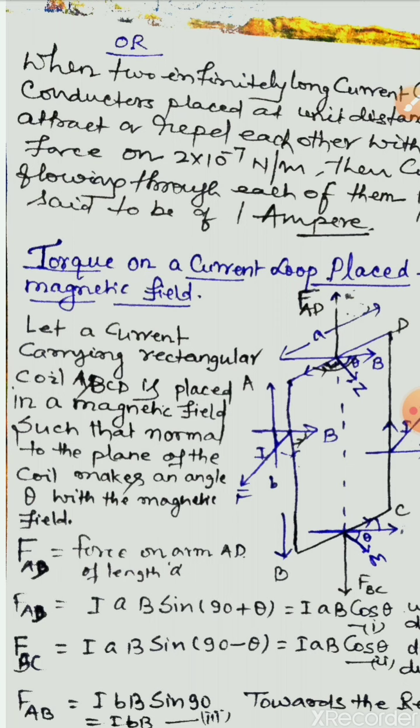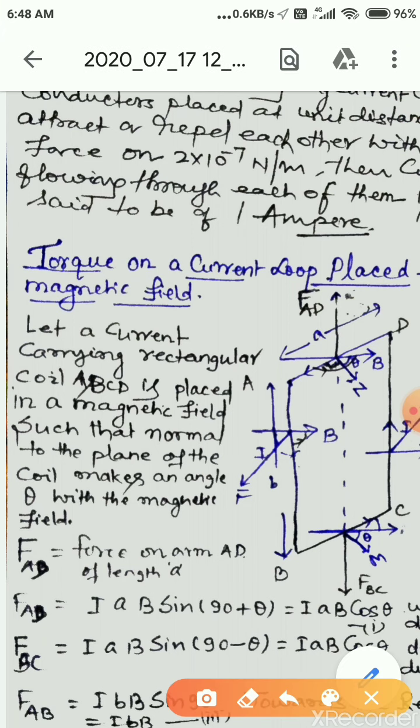So you know that force is I L B sin theta. So I is the current flowing in the conductor on the arm AD, a is its length, B is the magnetic field, and the angle between them is, this is the direction of I dL, this is the direction of B, this angle is 90 and this one is theta, so the total angle is 90 plus theta.